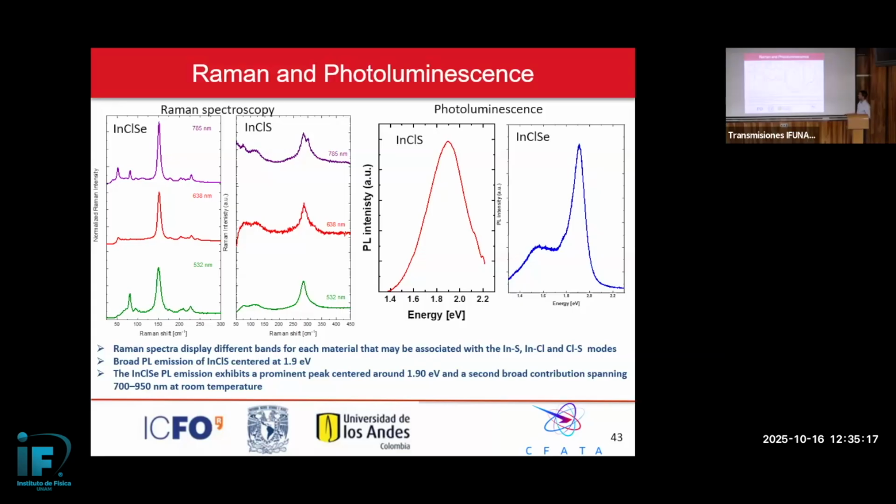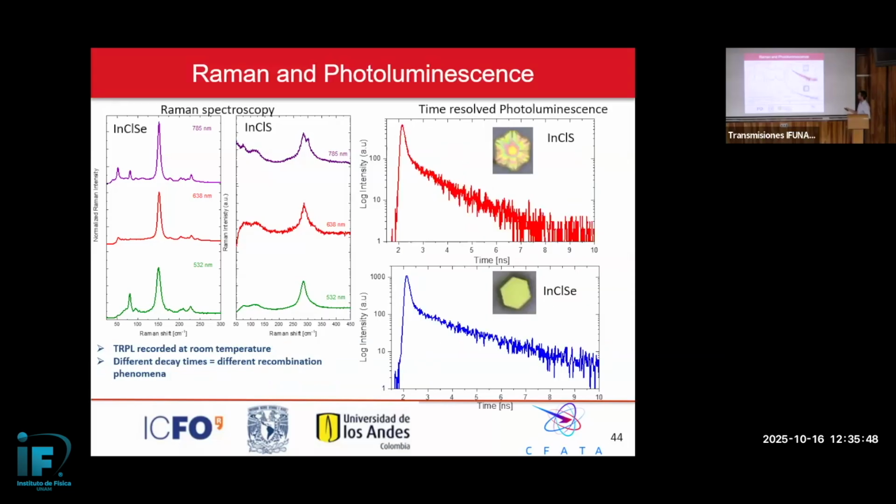It doesn't matter that it has a lot of peaks; the message here is that they are different systems: different atoms, different kinds of vibrations, different spectra. And this is the photoluminescence of both of them. They are very different, right? Let's keep in mind this PL spectrum.